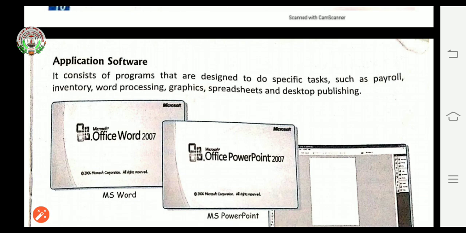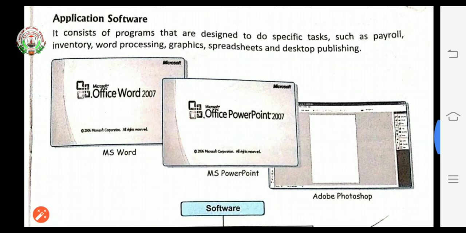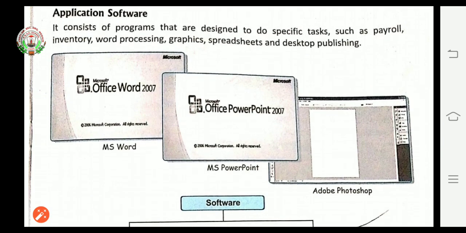Spreadsheets are computer programs in which figures are arranged in a grid and used in calculation, like the horizontal and vertical grid in an Excel sheet. Desktop publishing means producing books, magazines and other printed material. Examples of application software are MS Word, MS PowerPoint and Adobe Photoshop.